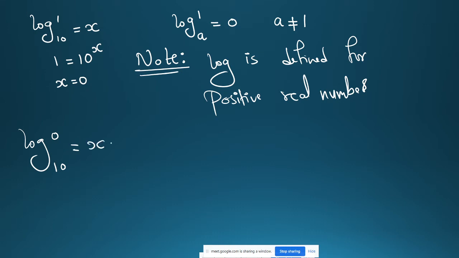Can you think of an answer? Log 0 to the base 10. Do the same again, take 10 there, it becomes 10 raised to x. What power of 10 can give you the answer 0?